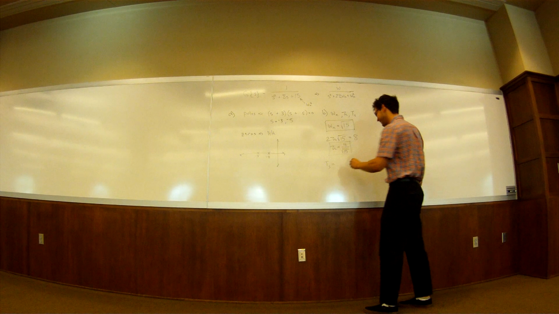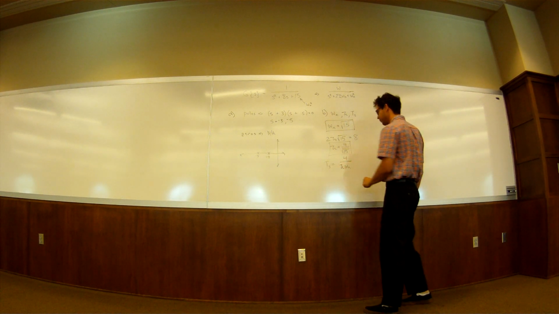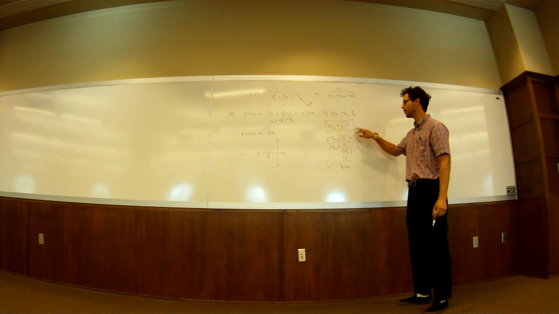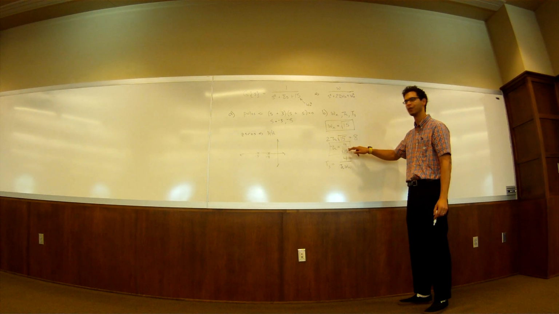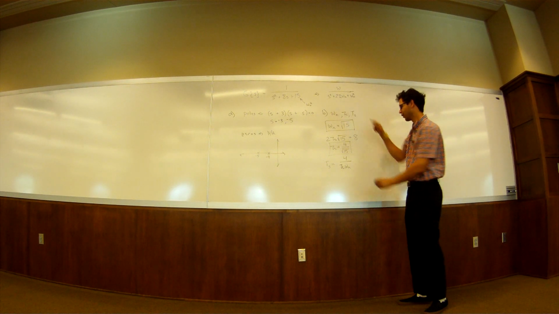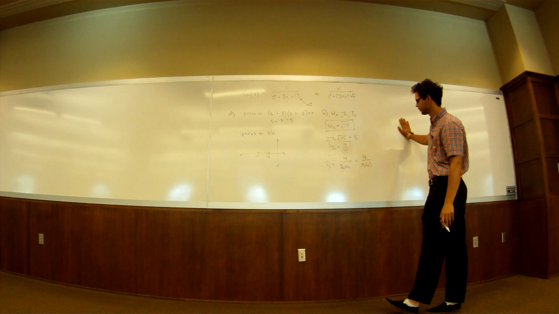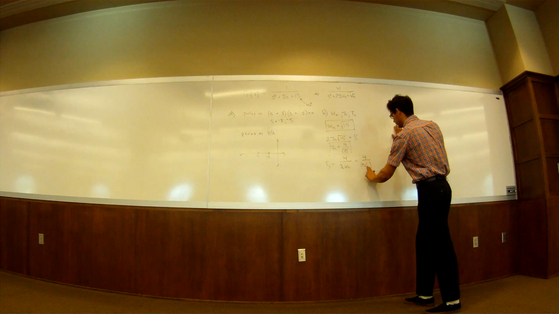All right, and then Ts is what? 4 over zeta omega n. There is no need to plug these two in because the square root of 15 is going to cancel. Just plug in this number, which is just 4. So it's going to be 4 over 8 over 2. Did I do that right?